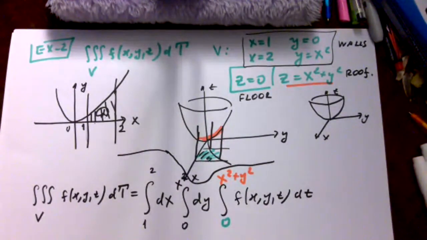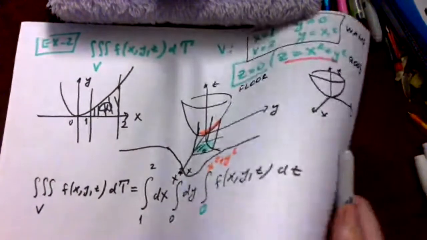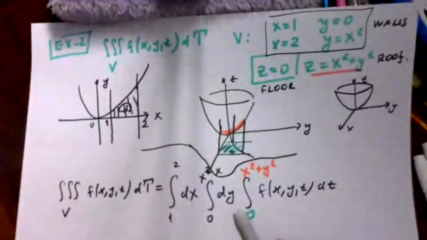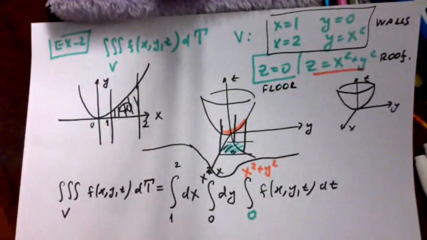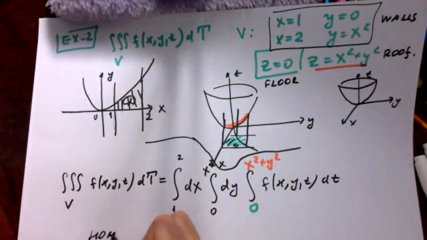So as you can see, this skill of turning our triple integral to repeated integral needs maybe some practice. So my recommendation for your homework is to go to your study guide.